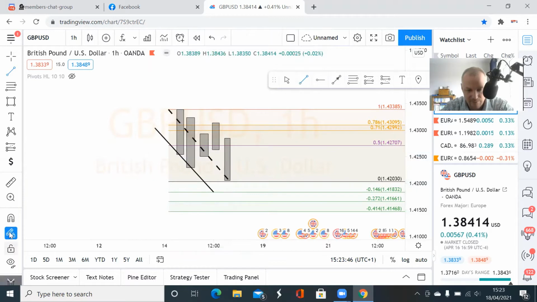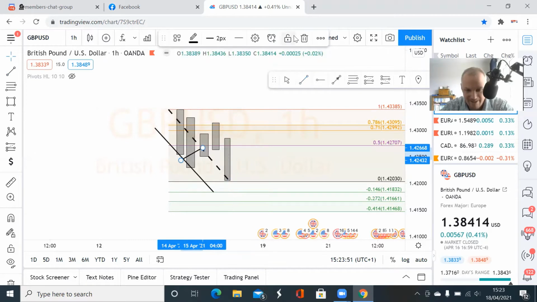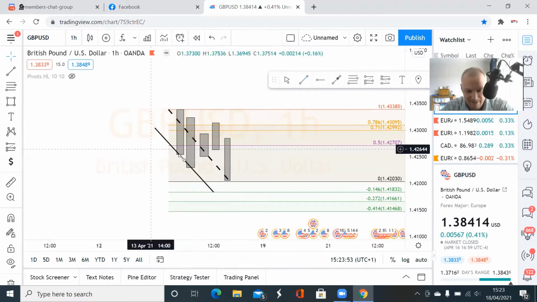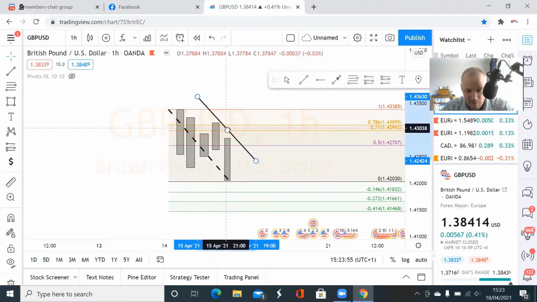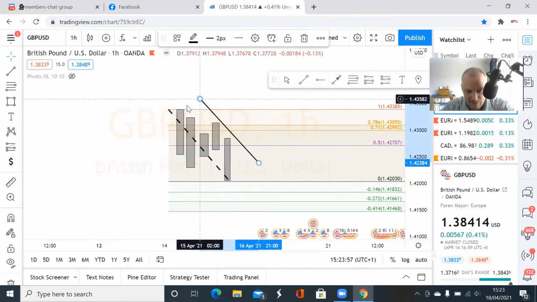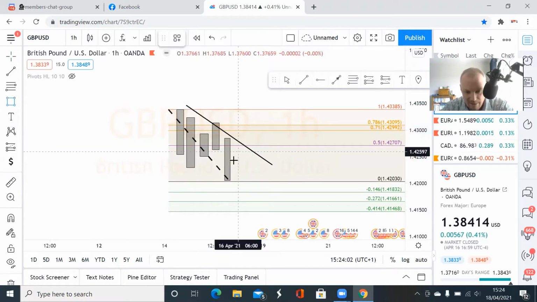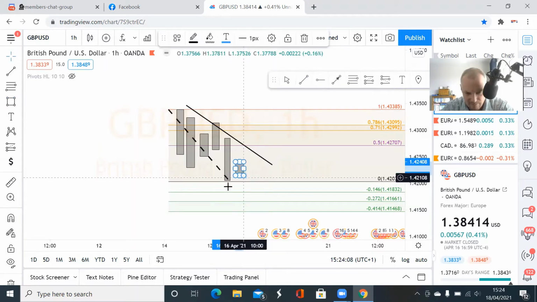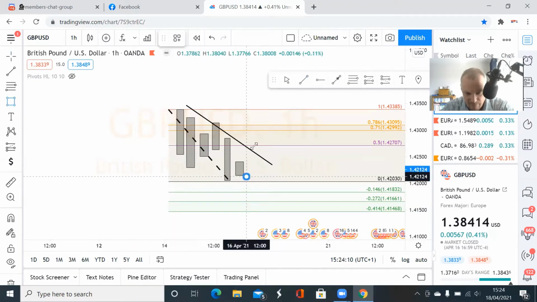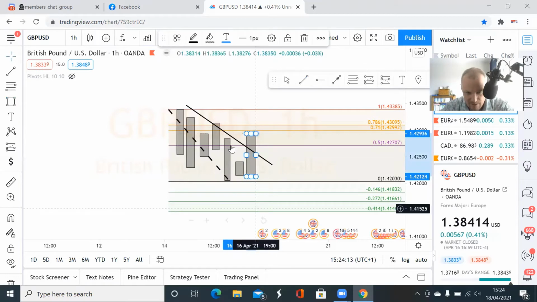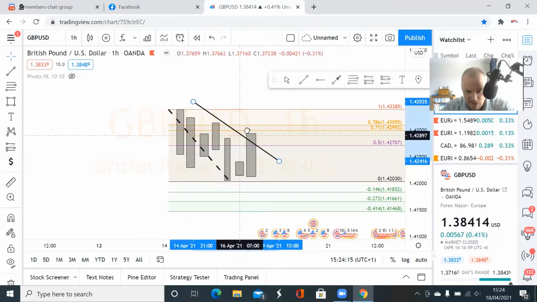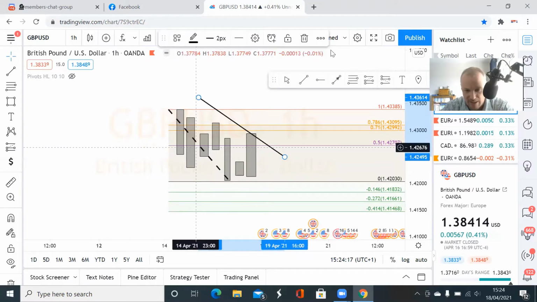Let's get that off, John. That there would be classed as a trend line, as it's bouncing down, and then obviously eventually as price is moving, it's bouncing down to respect that level.